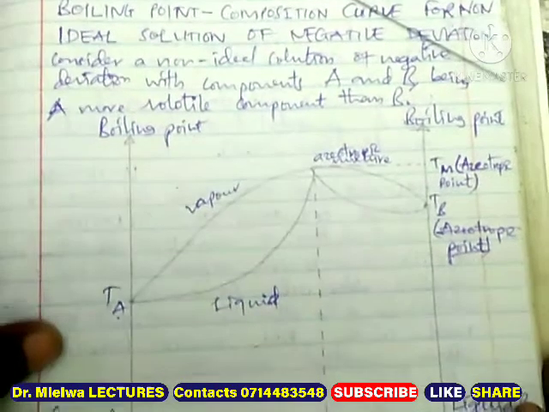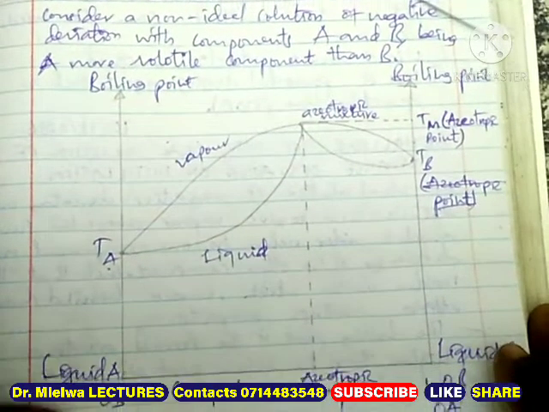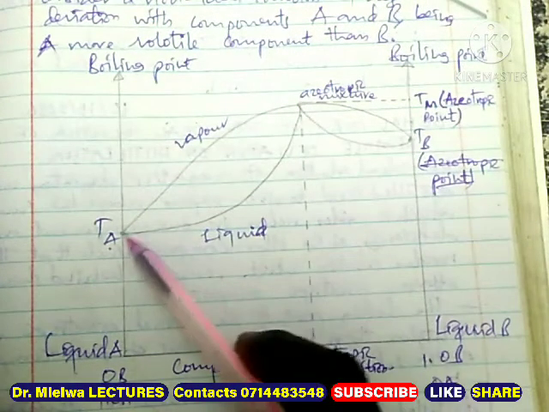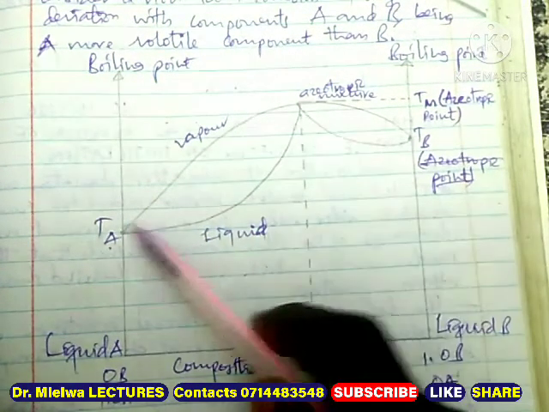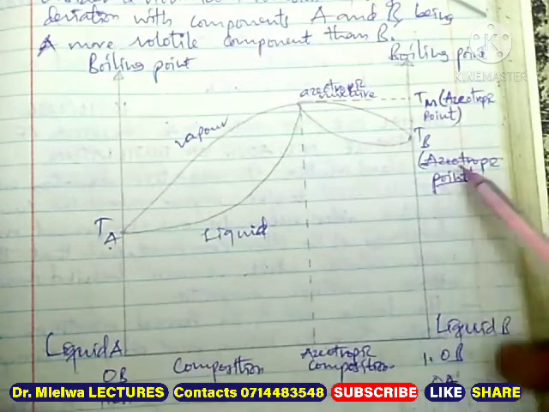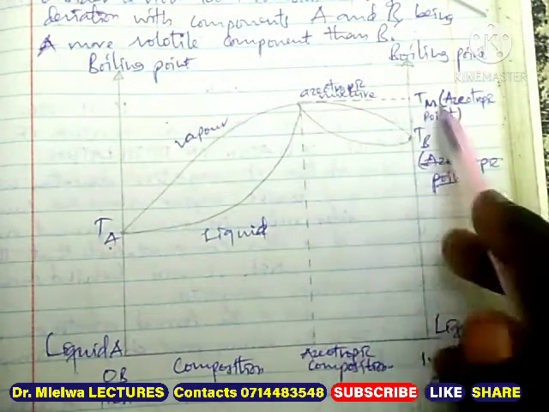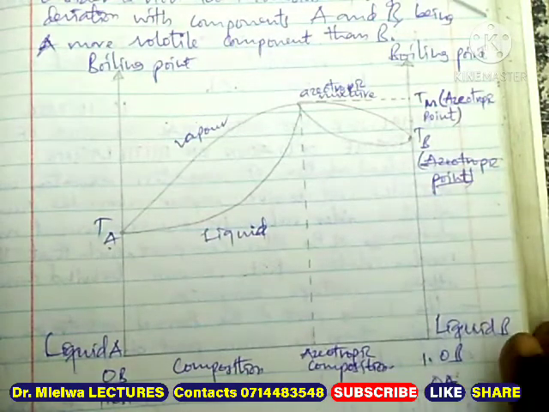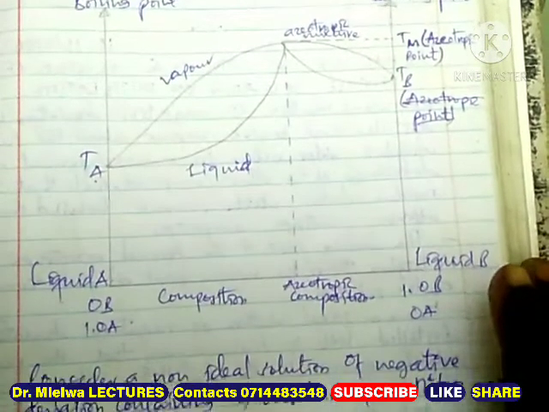On our graph the curve will bend upward. You can draw it with liquid A, temperature of A, liquid B, temperature of B, the azeotropic point, azeotropic mixture, then azeotropic composition as usual.